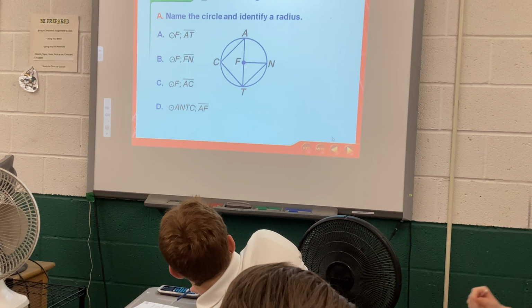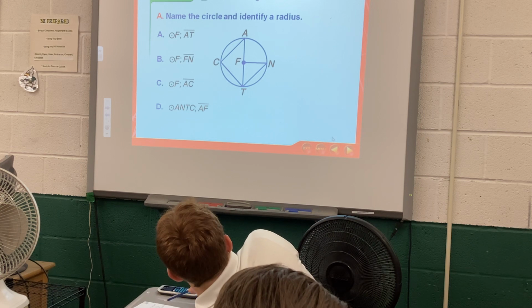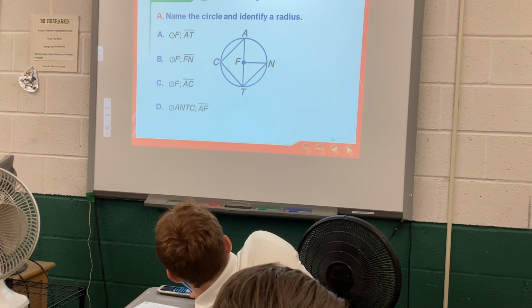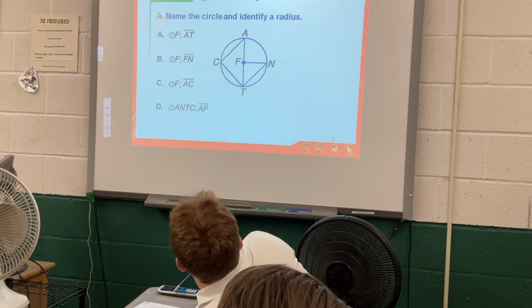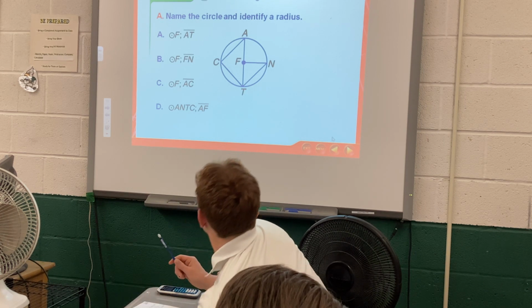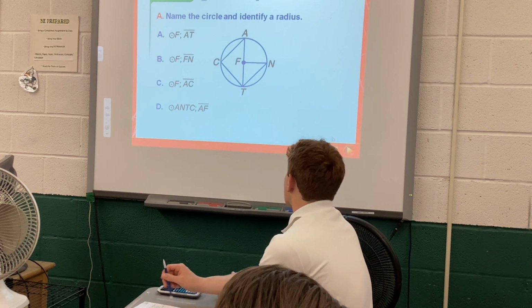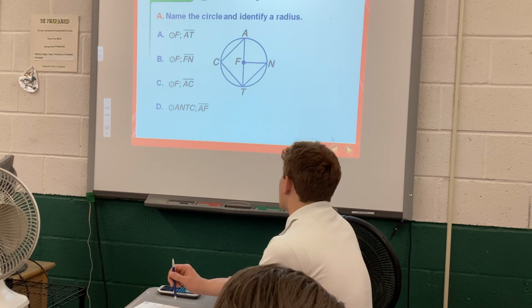So, would you say that FN is perpendicular to AT? Yeah, but do I know that for certain? No, but it looks like it. It looks like it, but I wouldn't know that for certain, right? Would I know that FN is equal to AC? No. Would FN be equal to AF? Yes.